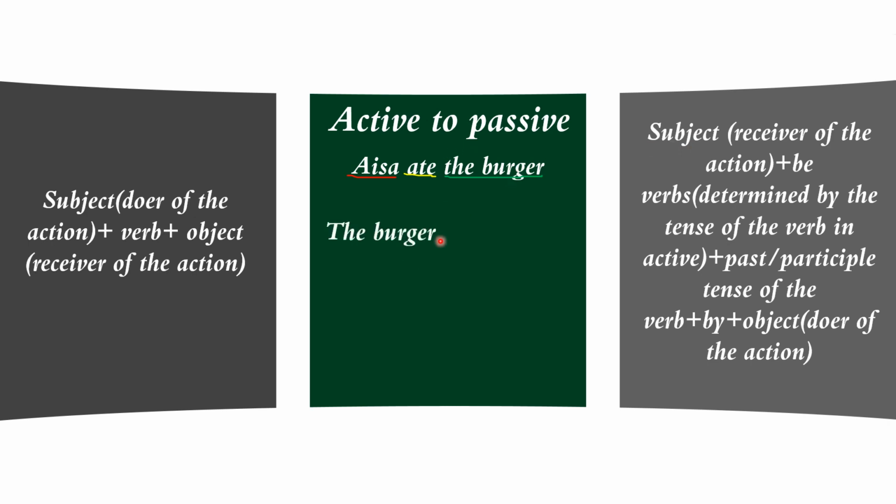Therefore, we are going to write "the burger". What follows the subject in the passive voice is the be verb. How are we going to determine which be verb to use? You will consider the tense of the verb.